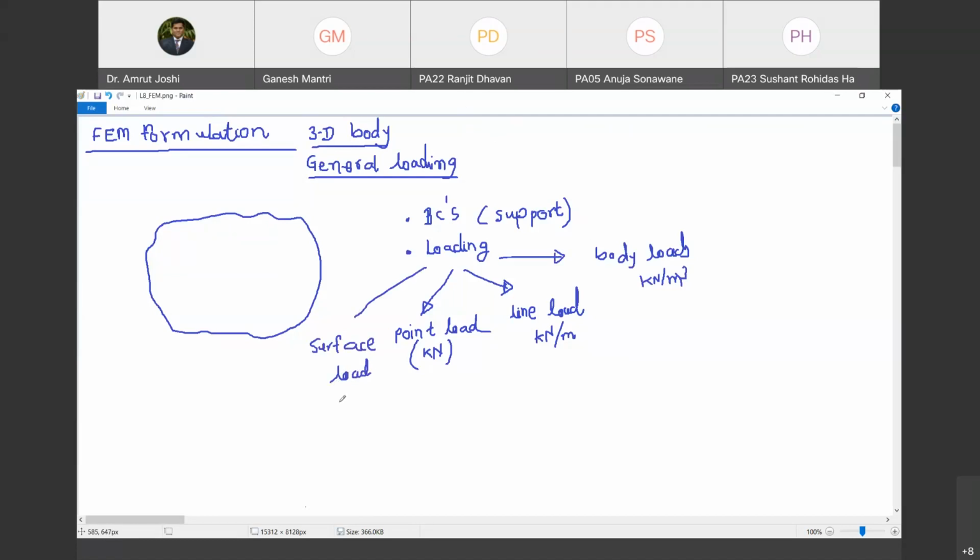What will be the unit of surface load, Ranjit? Can you tell me? Kilonewton, sir. What will be the unit, Ranjit? Kilonewton, sir. No, it will be kilonewton per meter square. How can it be kilonewton? Surface load is the area load which has a unit of kilonewton per meter square. Point load has a unit of kilonewton. Line load has a unit of kilonewton per meter, and body loads have the unit of kilonewton per meter cube. Are you with me? Yes, sir.